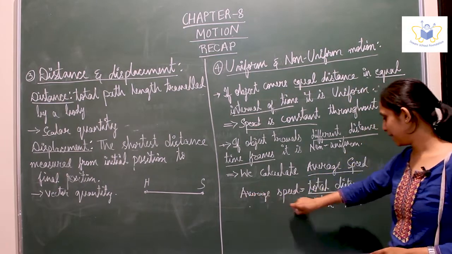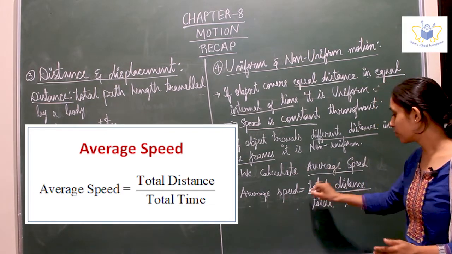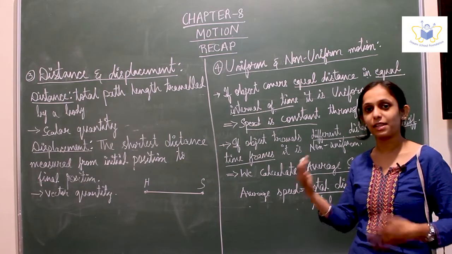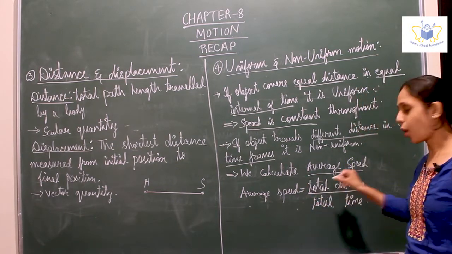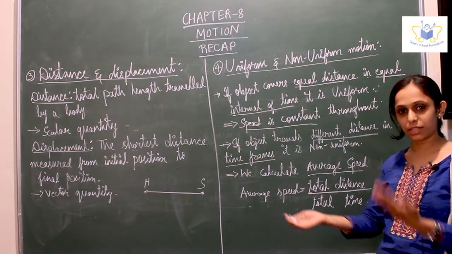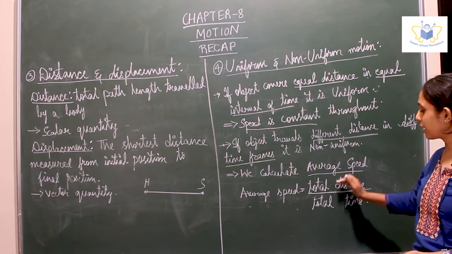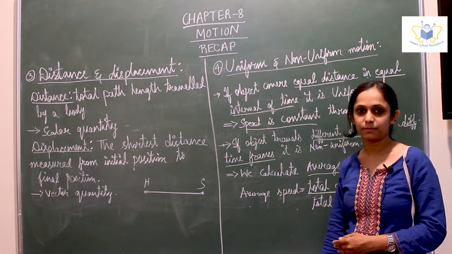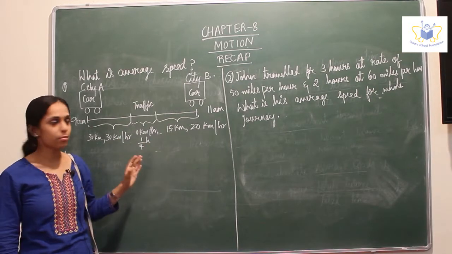So average speed is total distance divided by total time. It's okay even if you travel non-uniform or unequal distances. Just add all the distance you traveled and divide it by the total time taken by the object to cover that distance. So this gives you average speed. Now let us look at the problems on uniform and non-uniform motion.